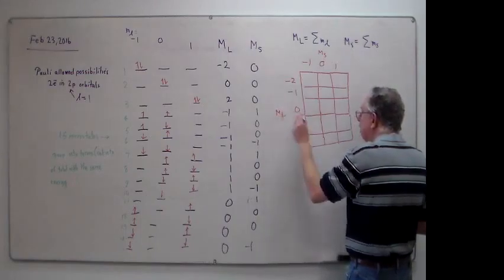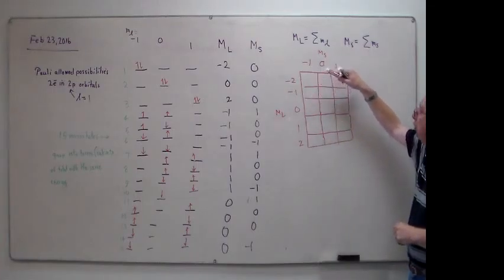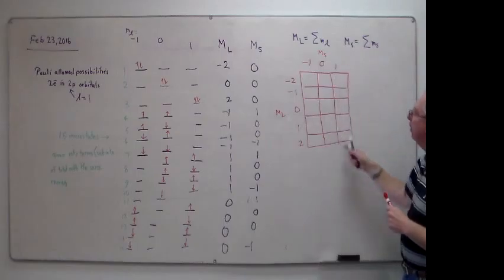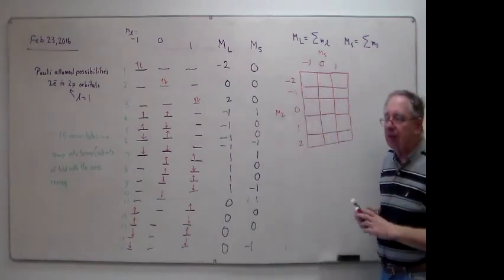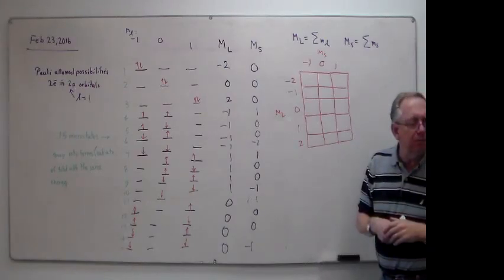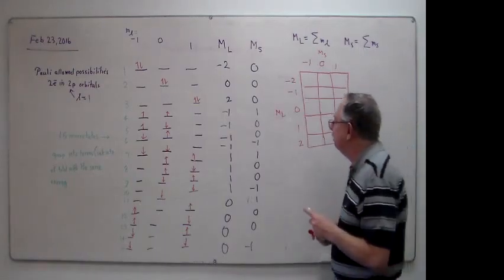So you need to draw a little box with three columns and 5 rows. Isn't that 15? 3 times 5 is 15, right?